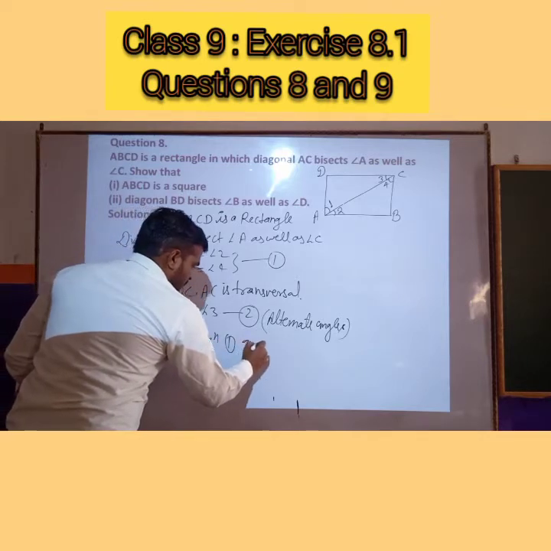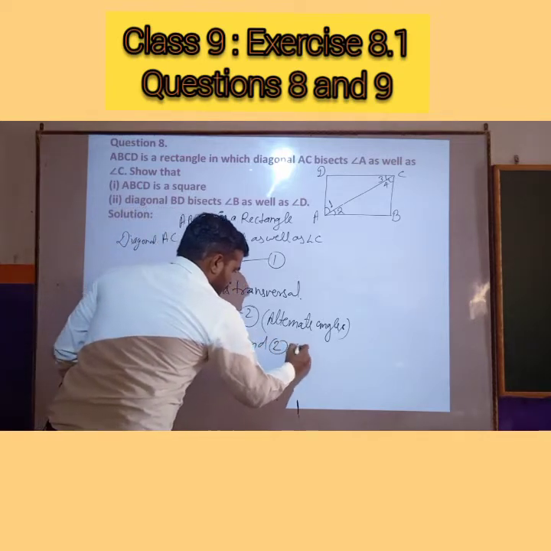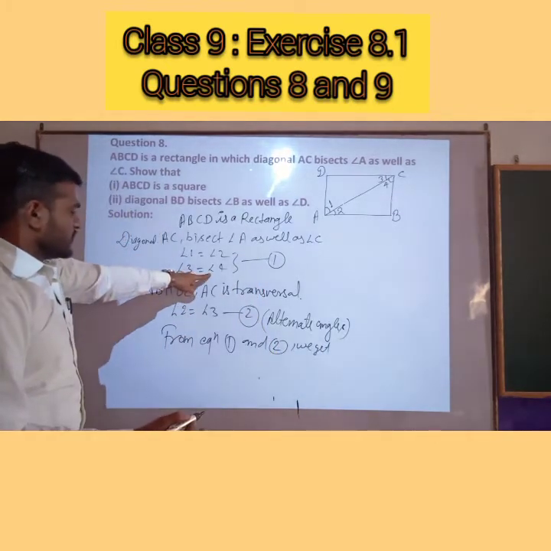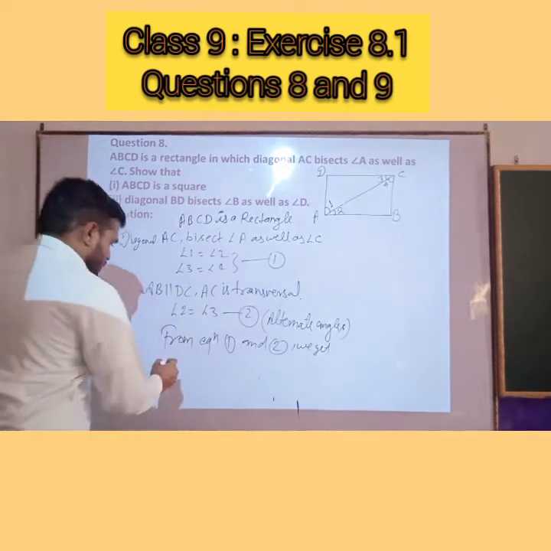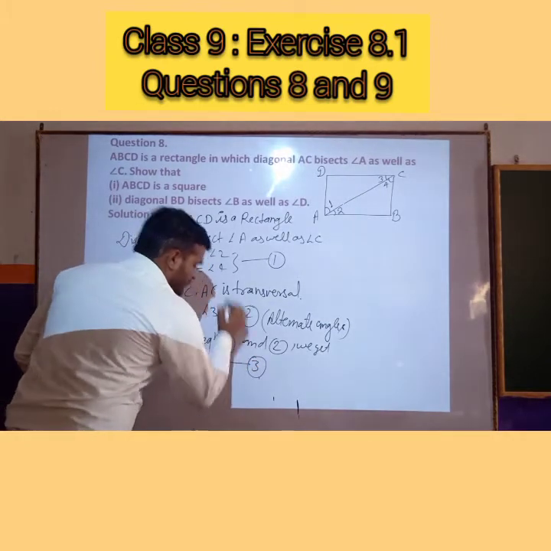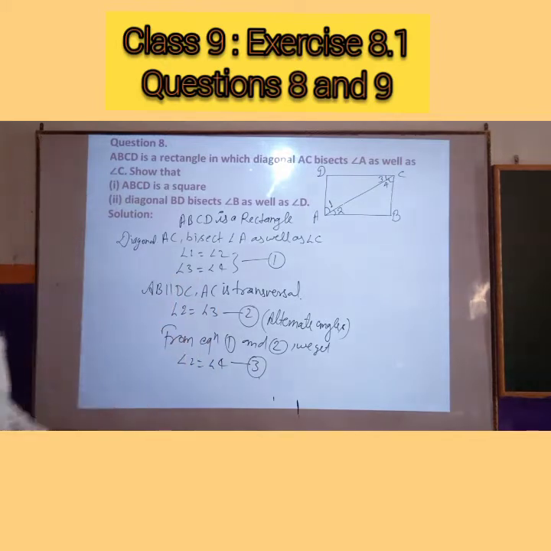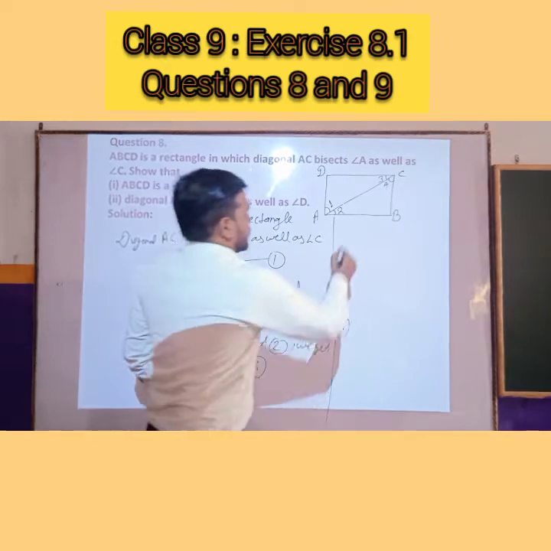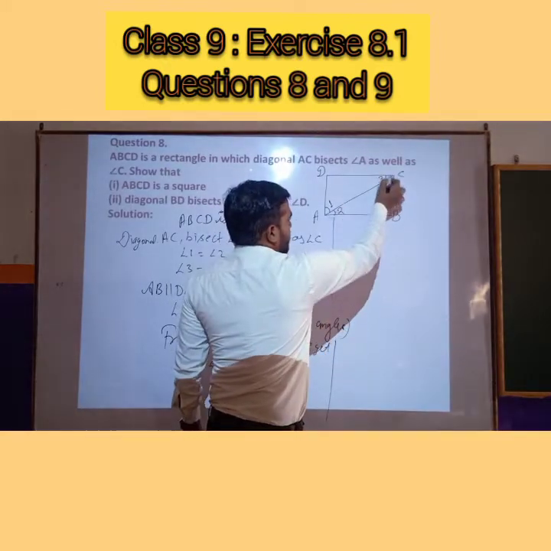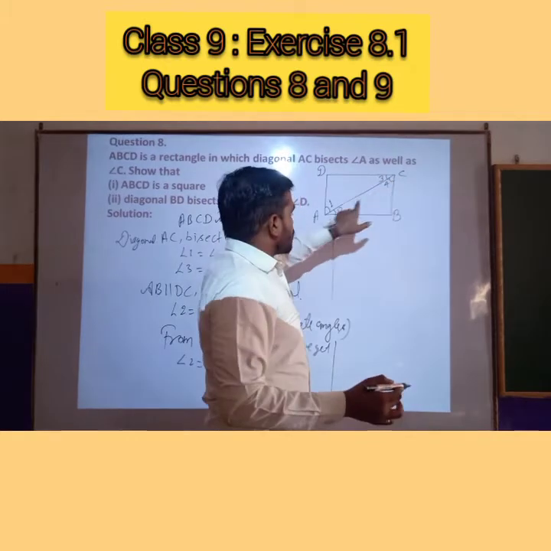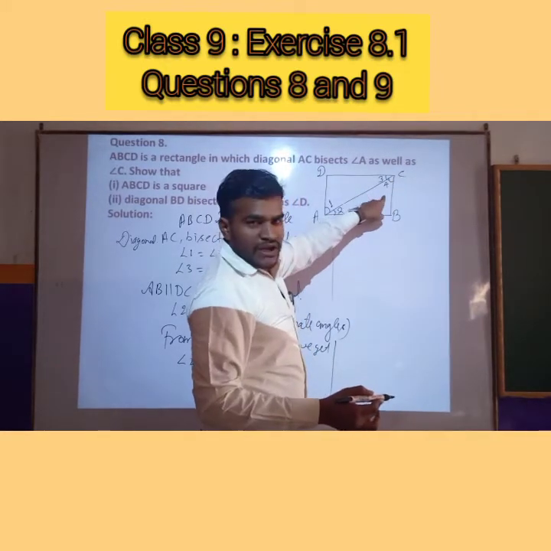We get angle 2 is equal to angle 4, equation number 3. So in triangle ABC, two angles are equal.